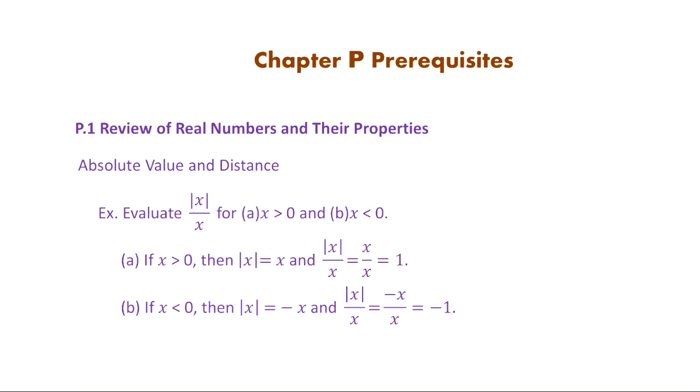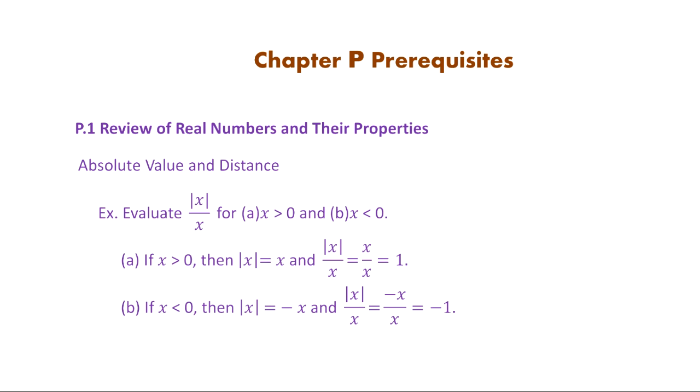So we get the absolute value of x over x equals x over x. So you cancel it, you get 1, isn't it? So that part is easy. For example, +2. The absolute value of +2 is just 2 itself. So the absolute value is equal to x itself in this case, right?